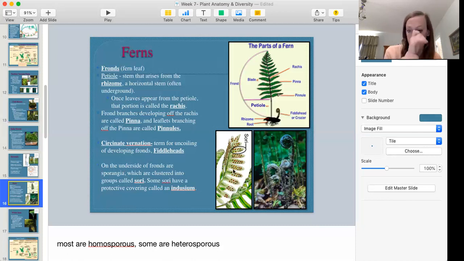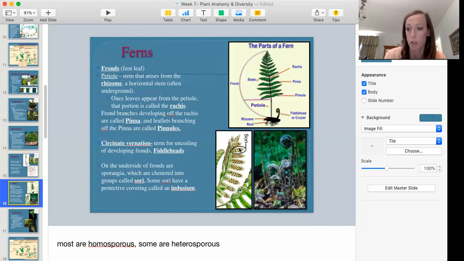So next time you're taking a walk, if you're out in the woods, take a look at the ferns, flip them over, see if you can find the sori, and then you would know that in there is where your sporangia and your spores are going to actually develop. Okay, so again, this is our sporophyte generation. It produces the spores.